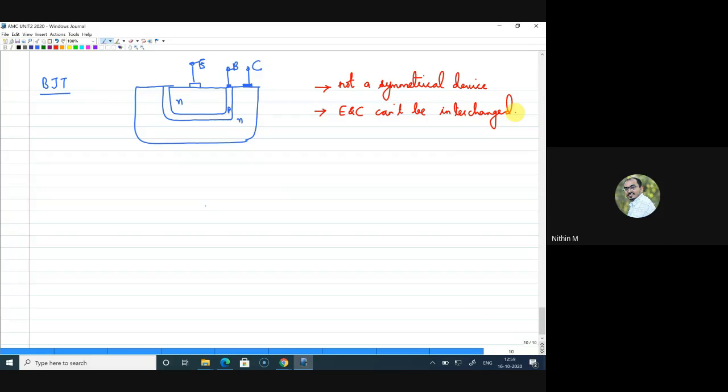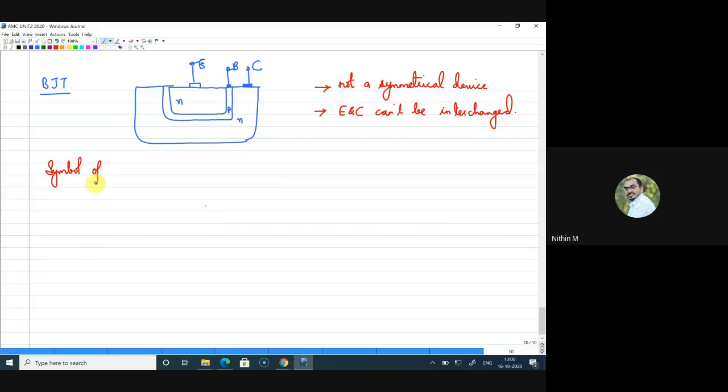But in the case of MOSFET, it was not like that. MOSFET is a symmetrical device, and you can interchange the terminals. Wherever you connect the higher voltage, that becomes the drain for an N MOSFET, and wherever you connect the lower voltage, that becomes the source, and the other way around for a P MOSFET. I hope that is clear.